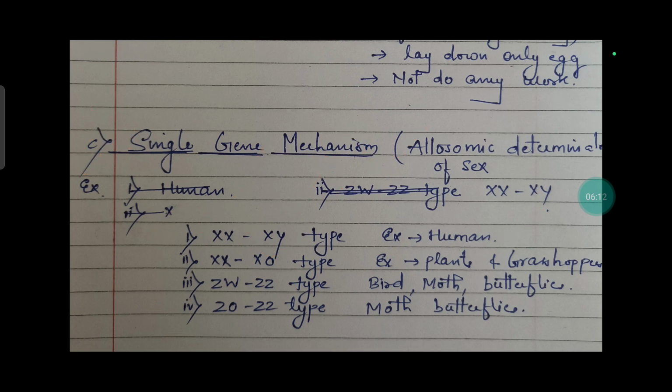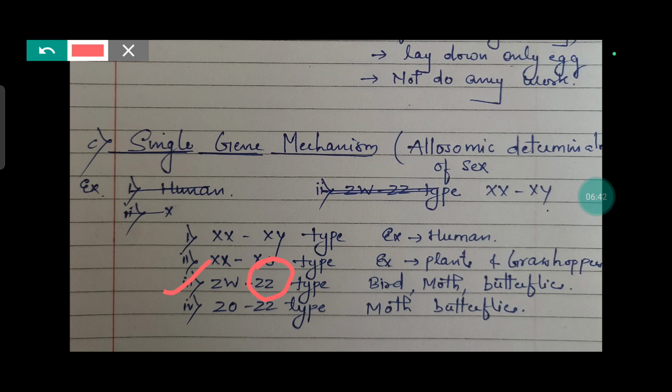Now the next type of combination you will see in plants and grasshoppers: if XX is there, this is a female, and if XO is there, that is a male. Yes or no? Now come to moths, butterflies and some birds, where the case is just the opposite. If ZW is there, this is a female, and if ZZ is there, this is a male bird.